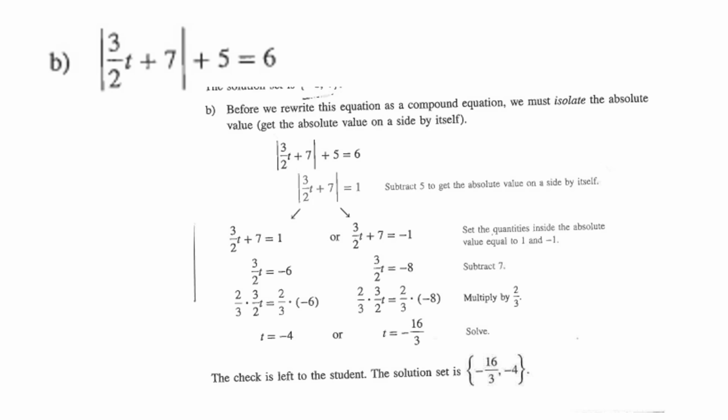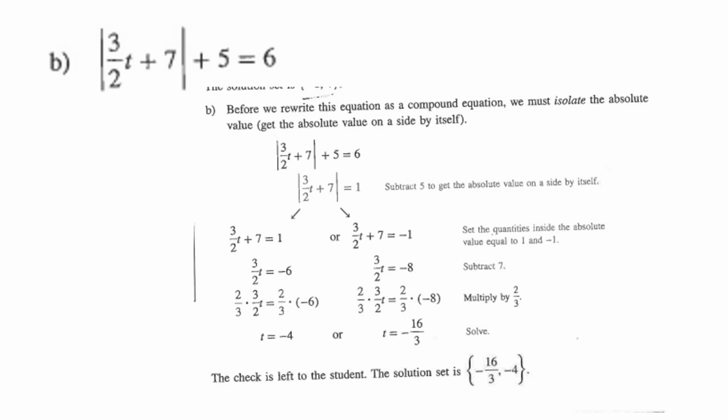And so you see, we are going to have to subtract 5 from both sides. So we started with the absolute value of 3/2 t plus 7, end of absolute value, plus 5 equals 6. When we subtract 5 from each side, we'll get the absolute value of 3/2 t plus 7, end of absolute value, is equal to 1.